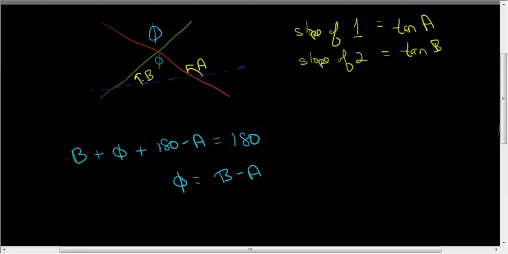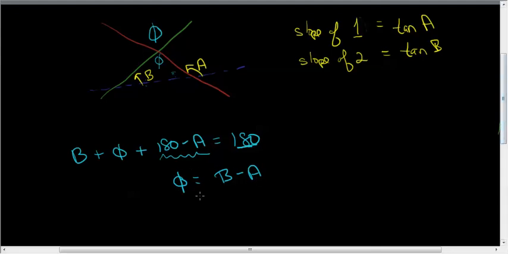And these three angles, B plus phi plus this angle, have to add to 180 degrees. Well, this angle is the supplement of A, so that's 180 minus A. So B plus phi plus 180 minus A equals 180. Rearrange that equation and I'll get phi is equal to B minus A.